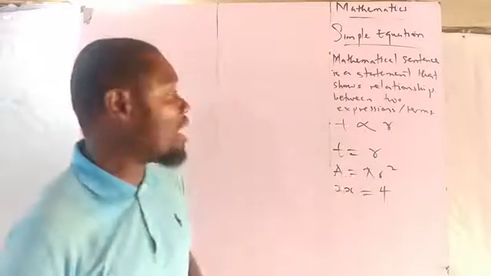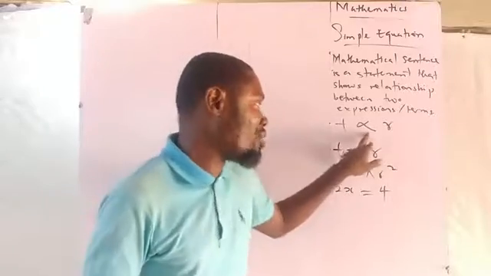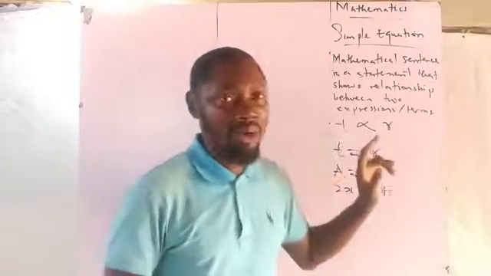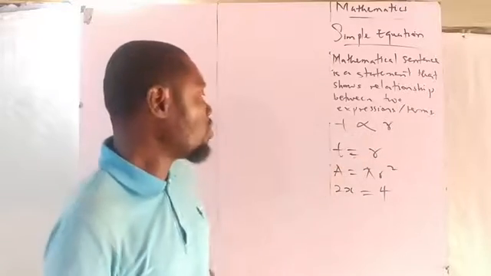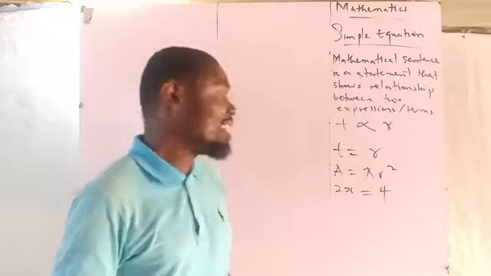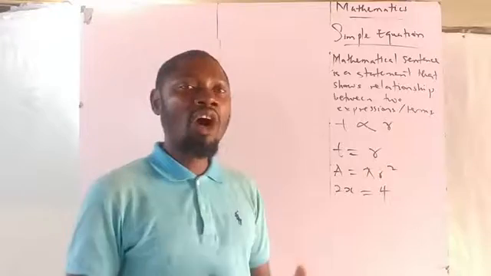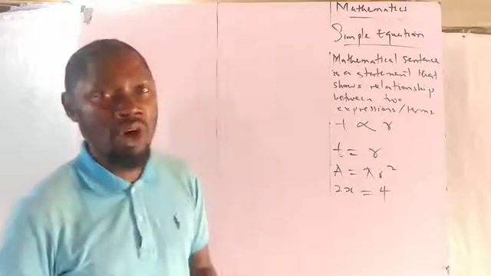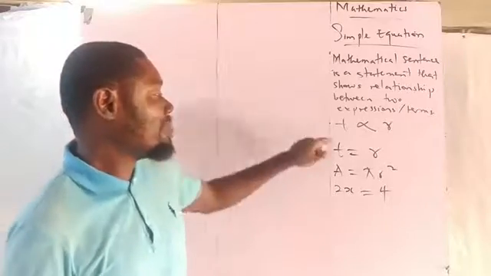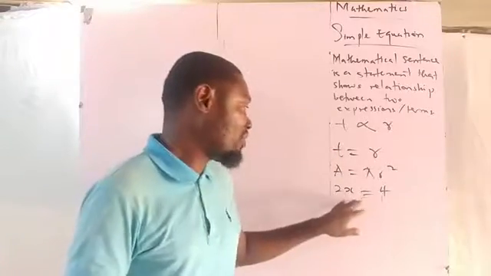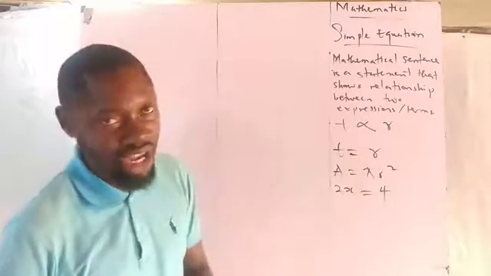I've given an example: T is directly proportional to R. This is a sign of proportionality. But when such a sentence shows equality of these two mathematical expressions or terms, then it becomes an equation. And these are some of the examples of equations.